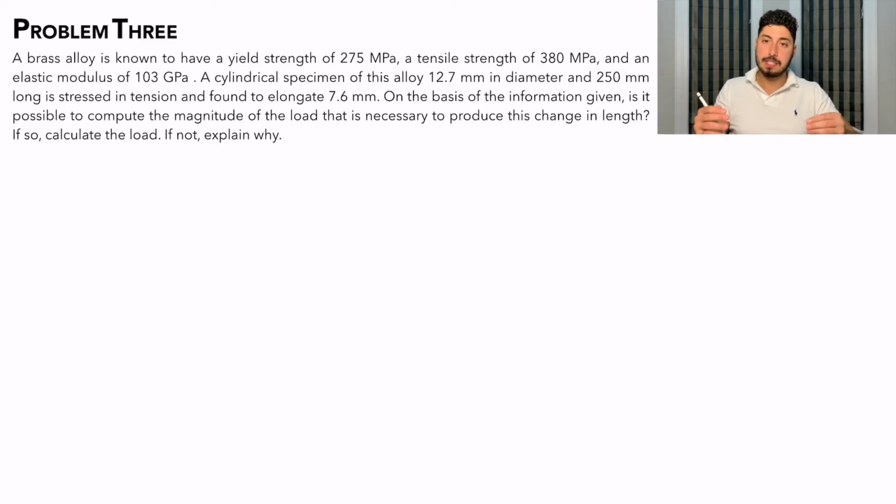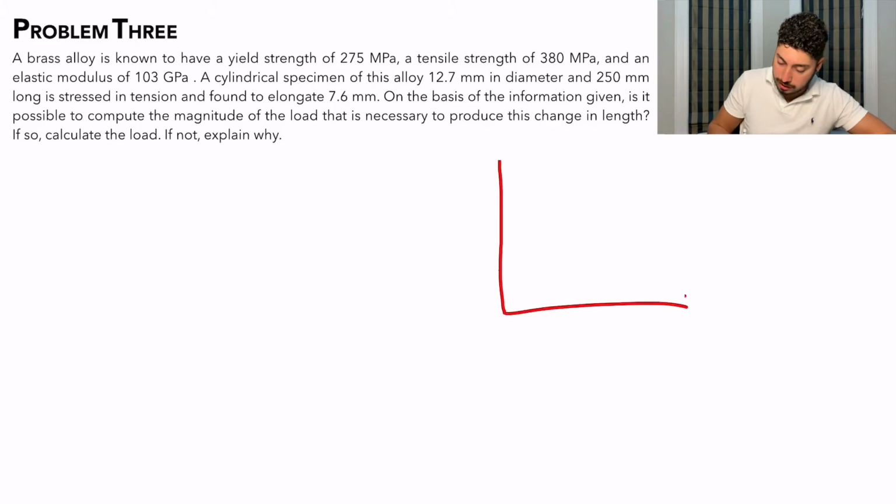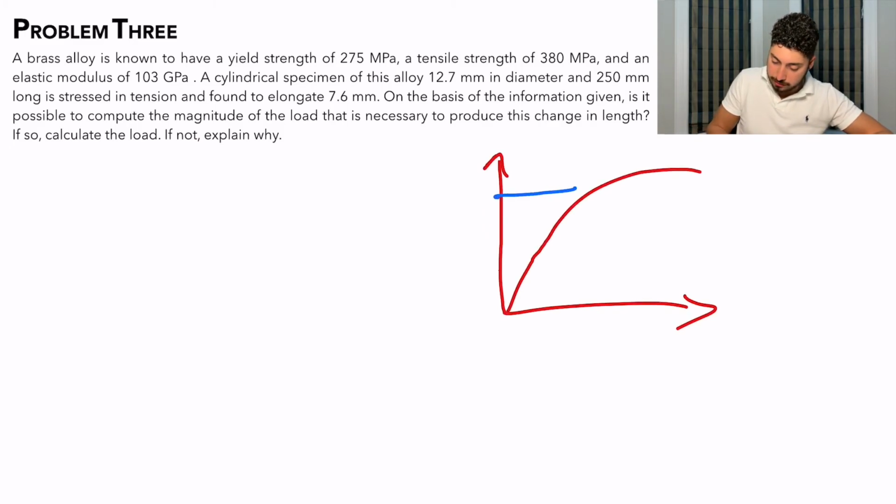So what we're dealing with here is a very conceptual question. It's basically making us check if the test that we performed on this material is in the linear elastic region or beyond the point of yielding into the plastic deformation region. So if we look quickly at our stress strain curve, our point of yielding, sigma y, is defined as 275 megapascals.